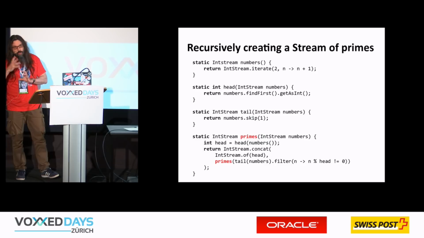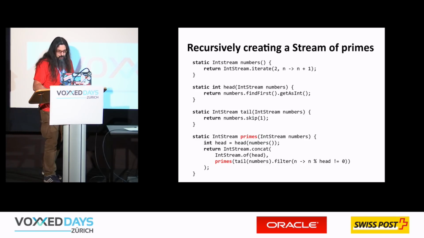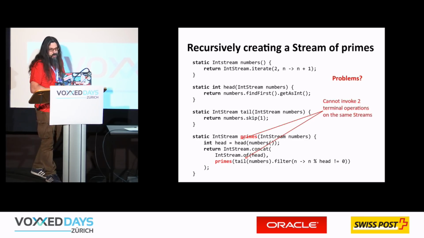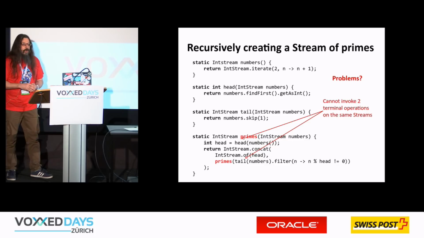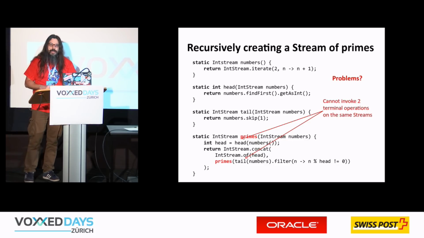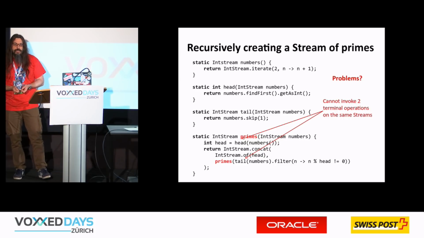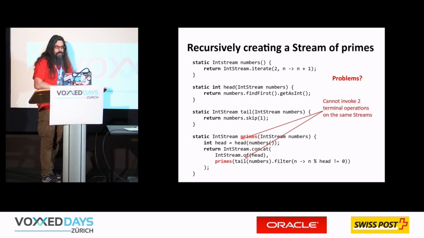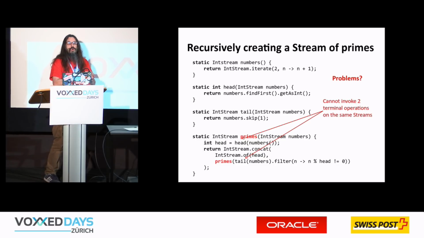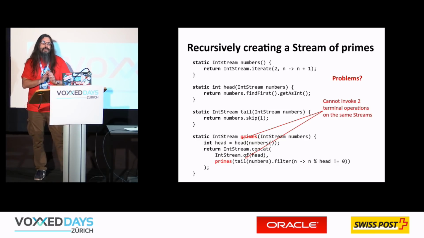So this could work, sort of, but there are two reasons why it is not working. The first reason is that by calling this head and tail, I'm actually calling two terminal operations on the same Java stream, which isn't allowed. Once you have called a terminal operation on a stream, you are done.